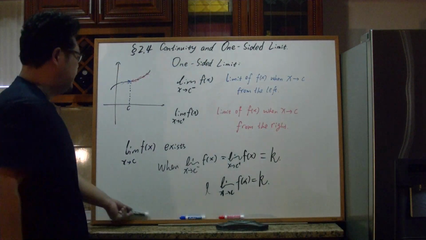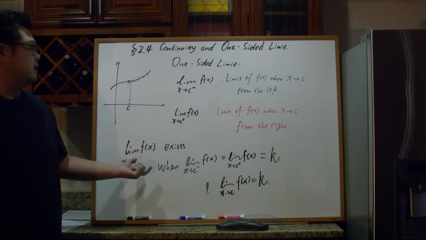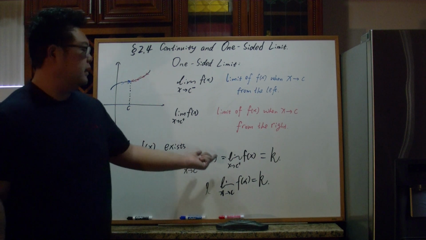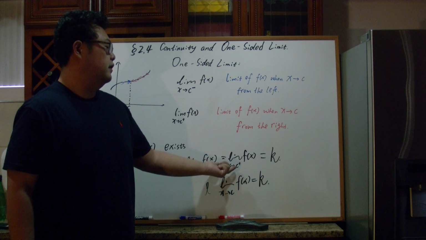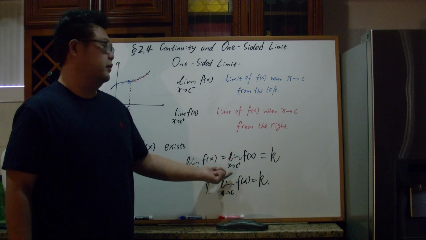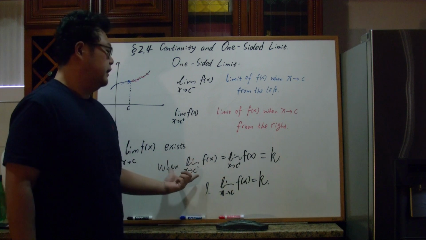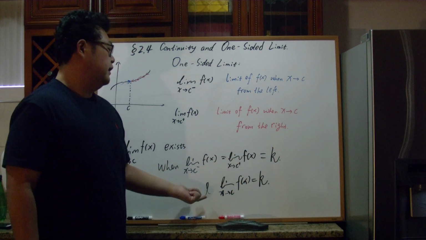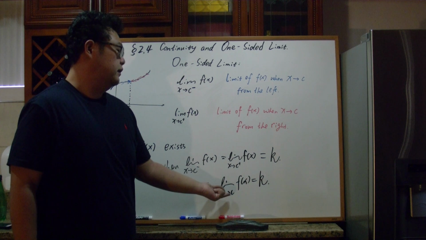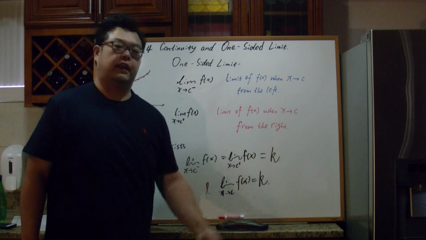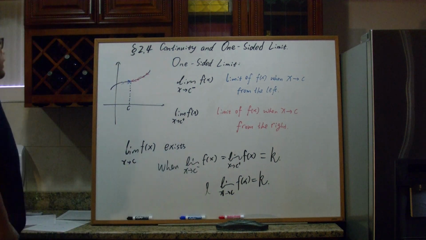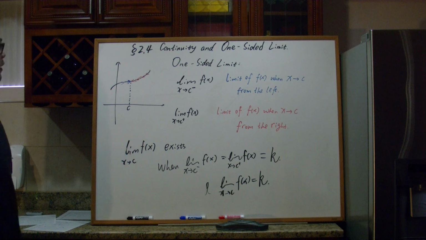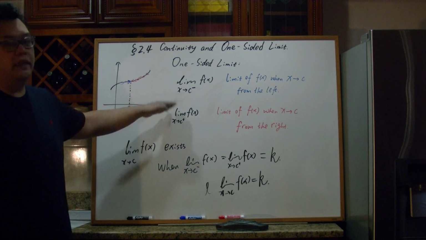For the value k here, if the limit of f of x as x approaches C from the left equals the limit of f of x as x approaches C from the right, and that equals a certain constant, then the limit as x approaches C of f of x is equal to this k. So that is the one-sided limit, and that's the relationship between when the limit exists and the one-sided limits.